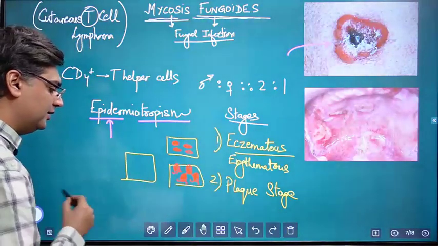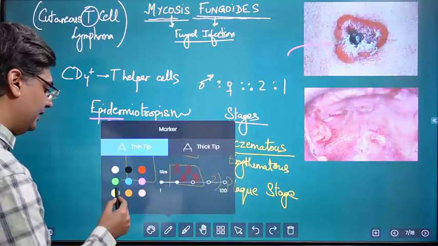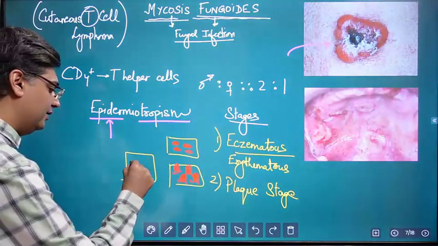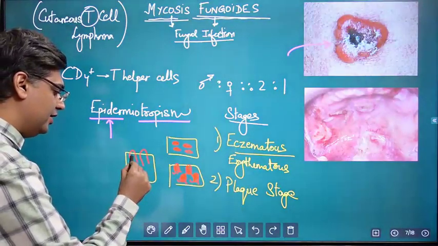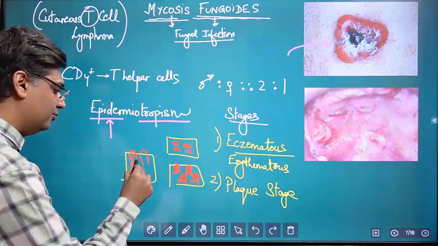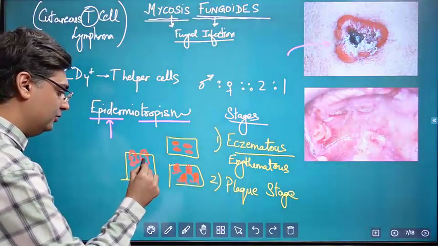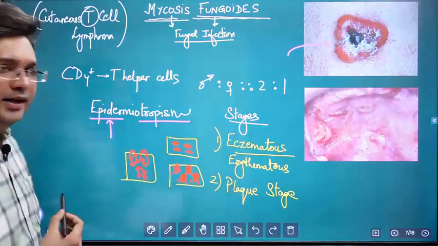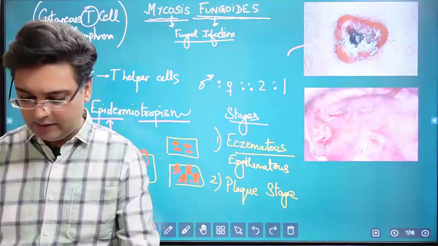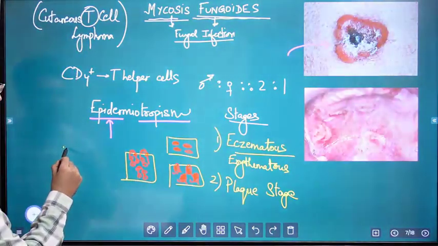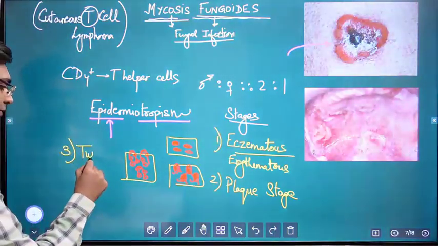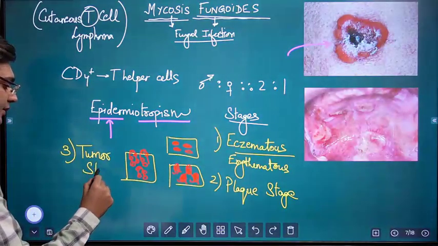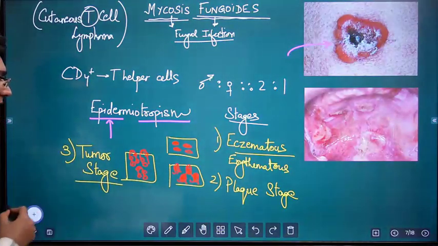So this is the third stage, and here we find that these elevated plaques are converted into nodules, and these nodules can ulcerate as well. And this basically signifies the third stage, which is called the tumor stage. Now it looks like a tumor, and that is why this is called a tumor stage.